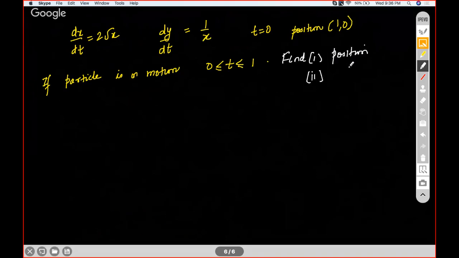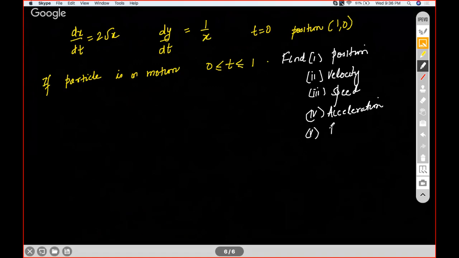Second, find its velocity. Third, find its speed. Fourth, find its acceleration.